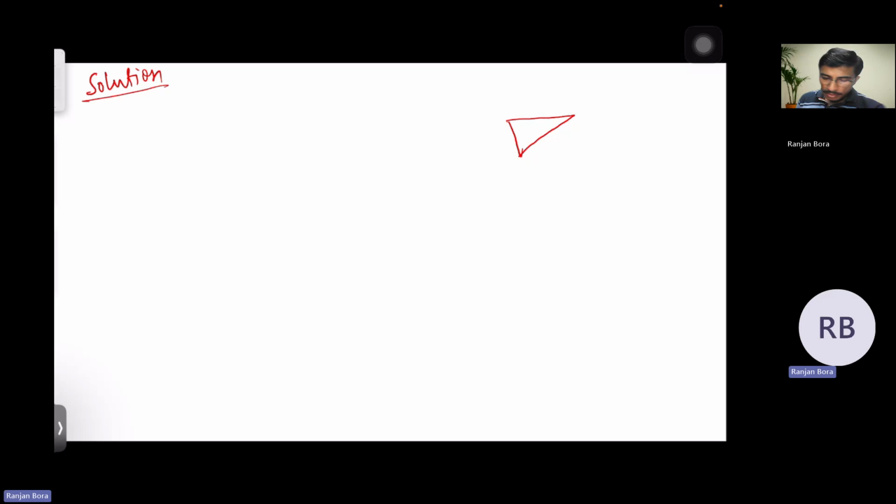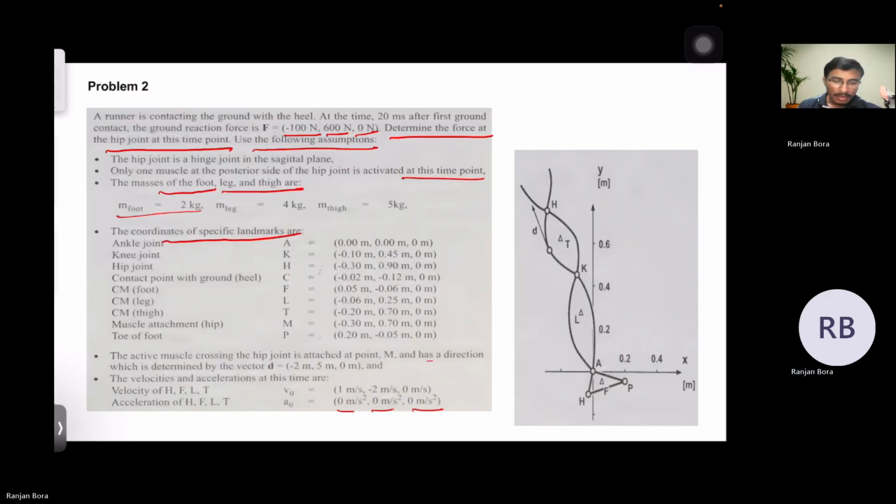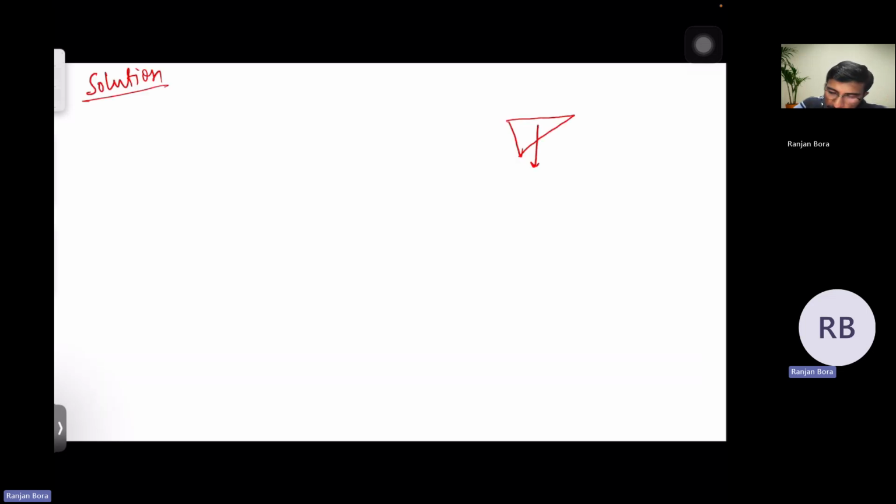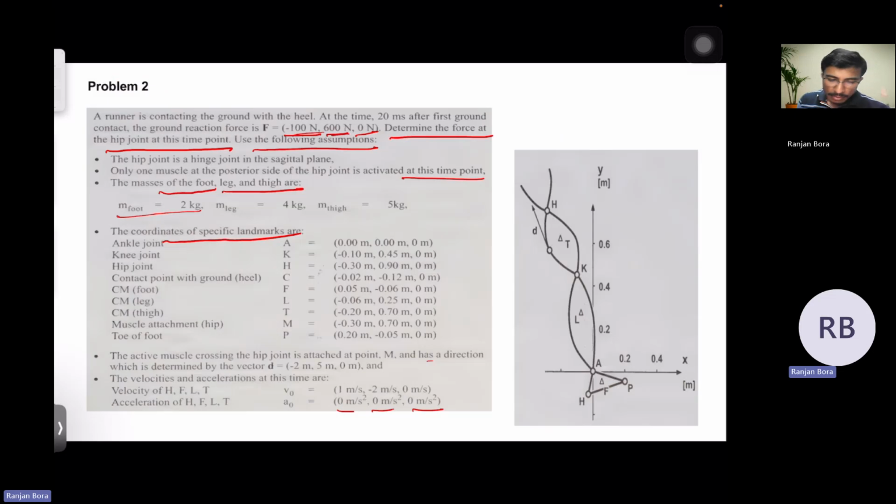So in the foot, the mass of the foot is 2 kg, so the weight of the foot will act as 2 into 9.8 Newton. On the foot, the ground reaction forces are acting, which are minus 100 Newton and 600 Newton.